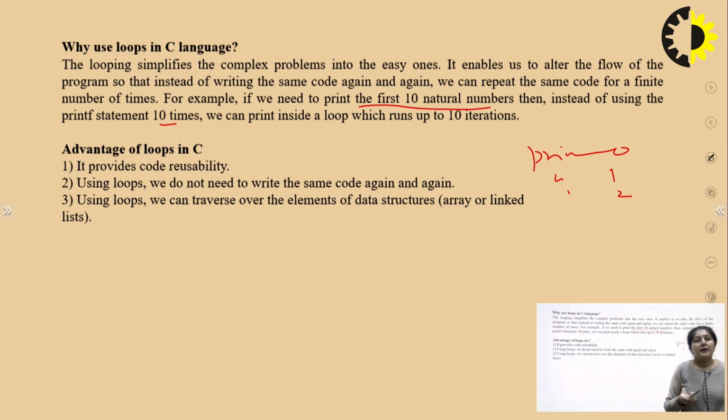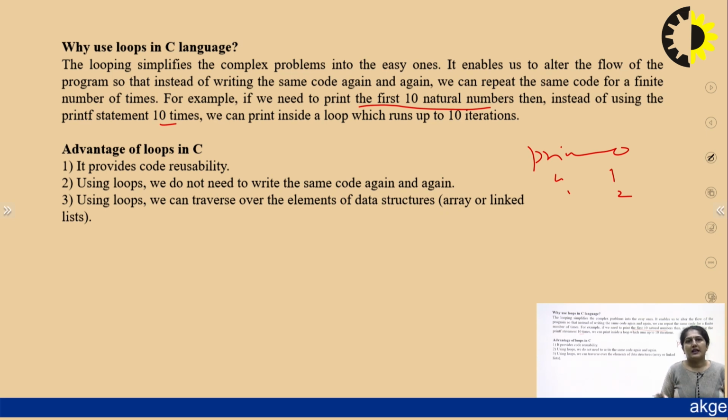It simplifies a complex program in an easy way. It enables us to alter the flow of the program, so that instead of writing the same code again and again, we can repeat the same code a finite number of times. Instead of writing line by line, it reduces the number of statements if we use iterations.